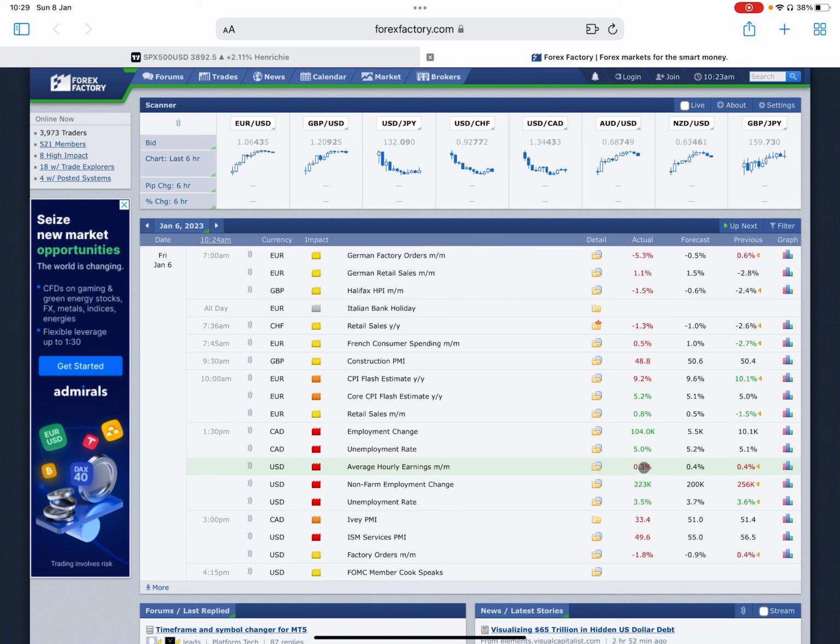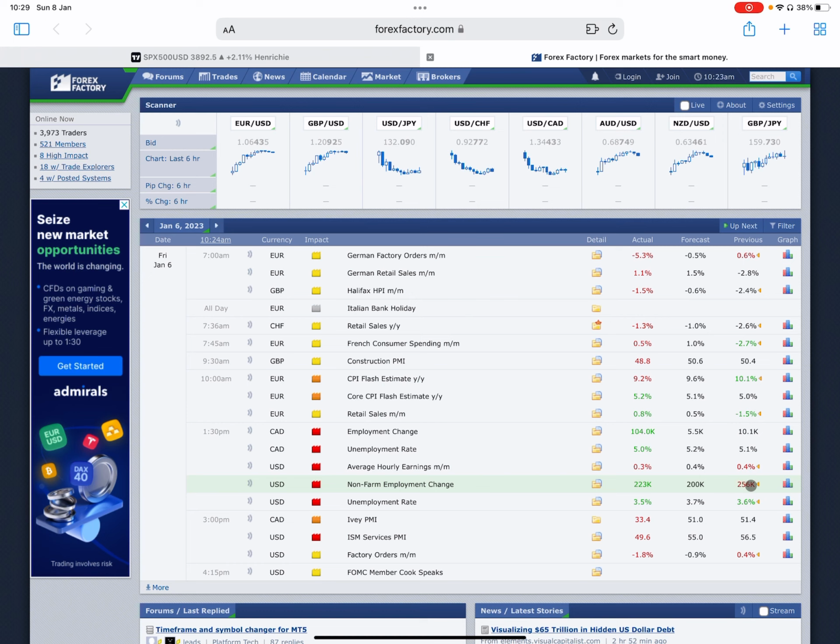And then during that time of day when this news drops, I come here and see that after the news dropped at 1:30 p.m., the actual news came out at 0.3%, which is bad. And this one came out at 223, which is still not good because it's lower than the previous information.